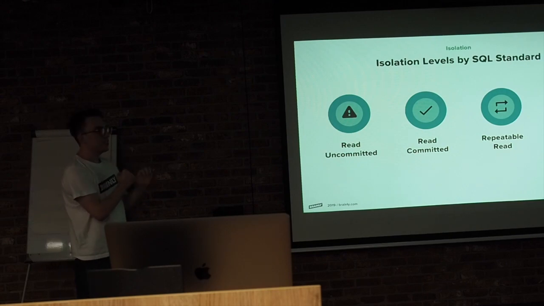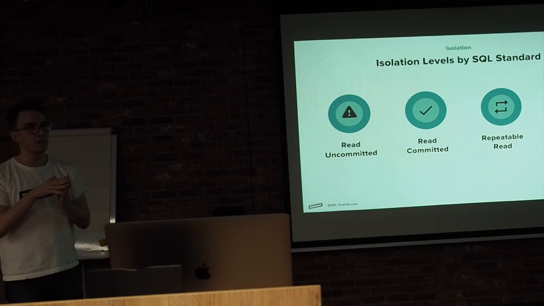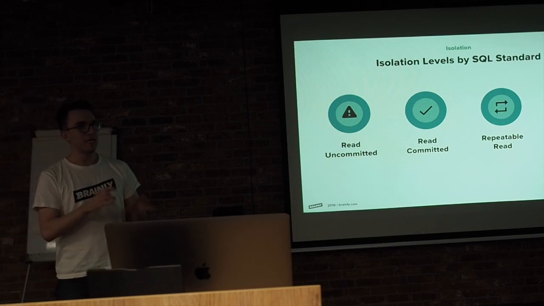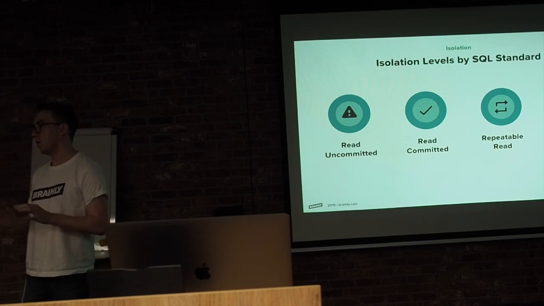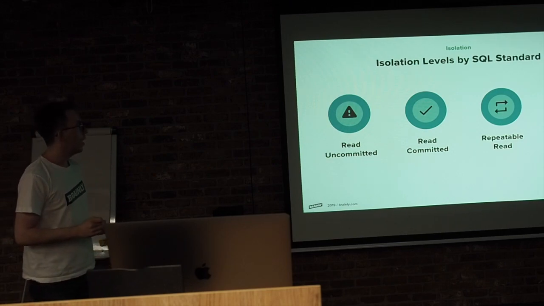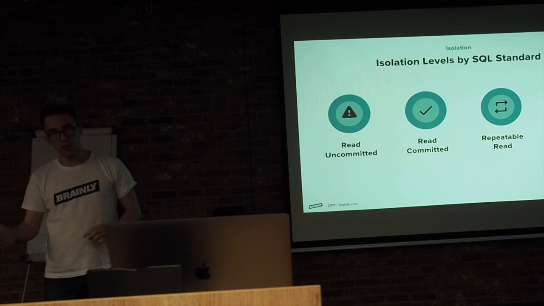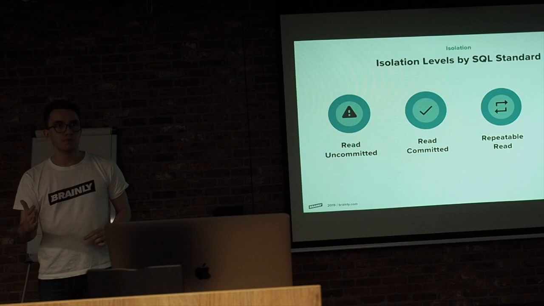First, we have read uncommitted, which means that the isolation level does not prevent any read or write anomaly, at least any of them. We have read committed, then repeatable read, and then serializable.